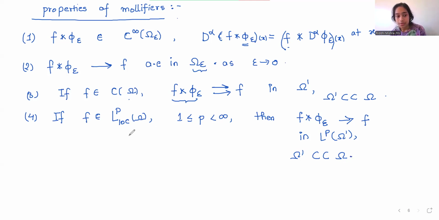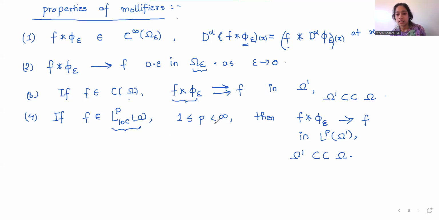So what this shows is that if your function is locally integrable, which is locally L^p, then also you can approximate your function with this convolution. But this approximation is not global. You can approximate locally.